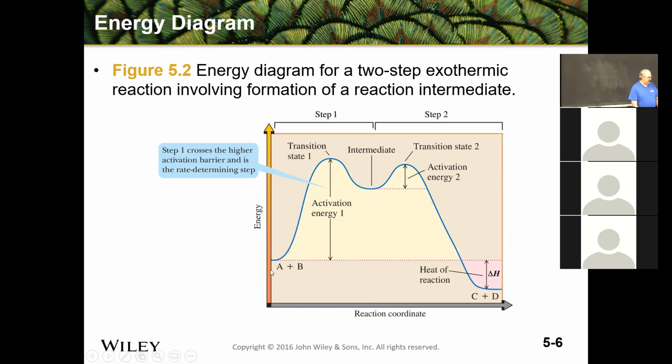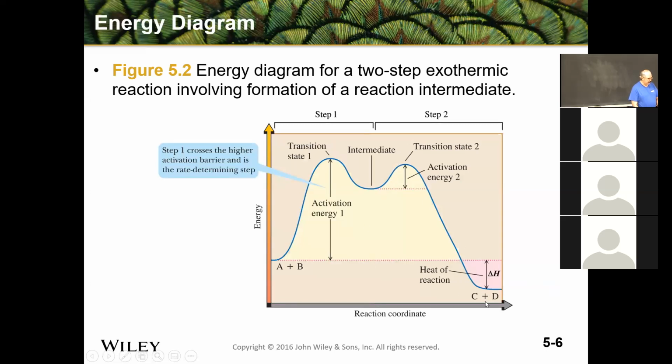In this example, the first step has the higher activation energy, so it's going to determine the rate. The second step will be much faster because there's a lower activation energy. Transition states are very short-lived, very difficult to observe, whereas in some cases intermediates can be observed and isolated.